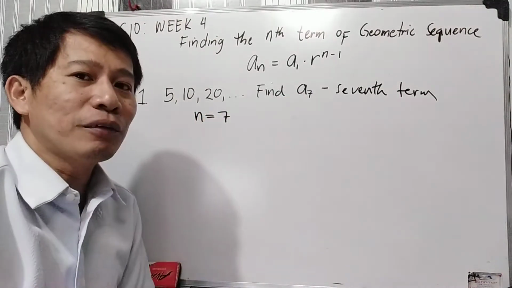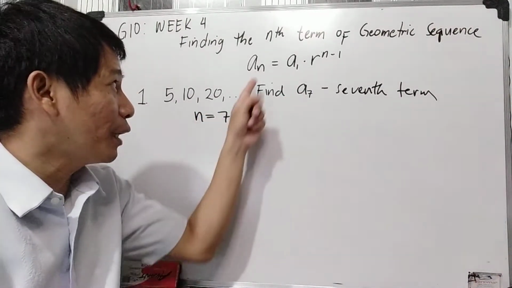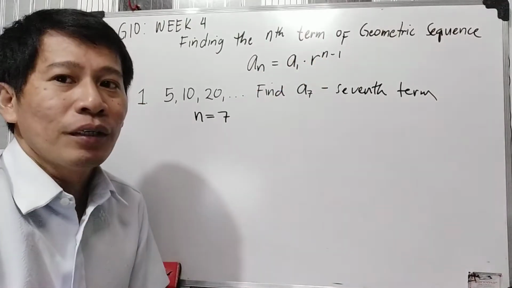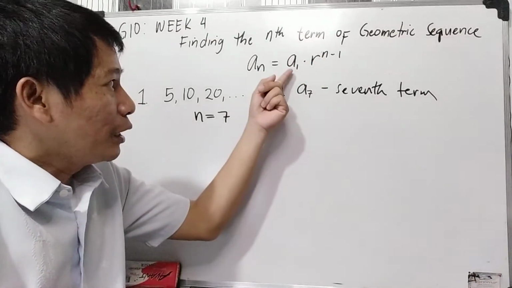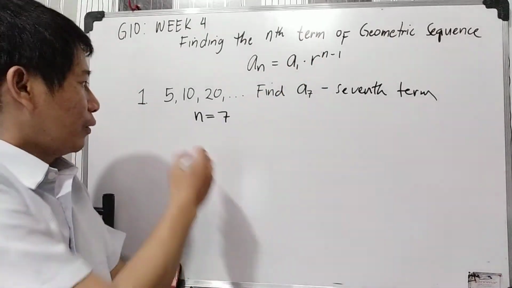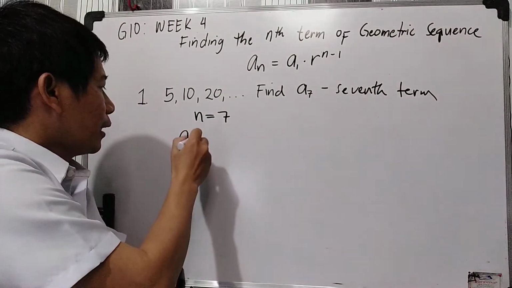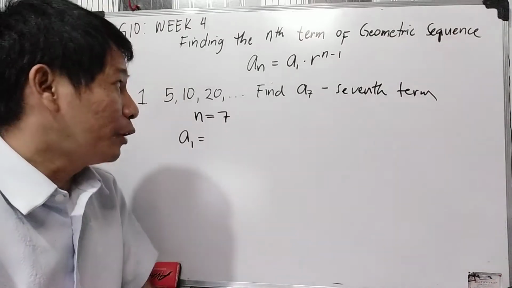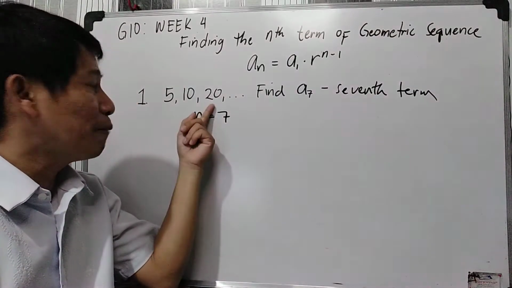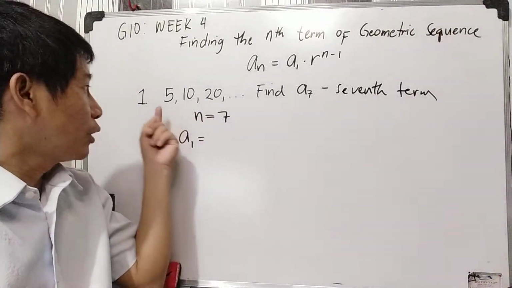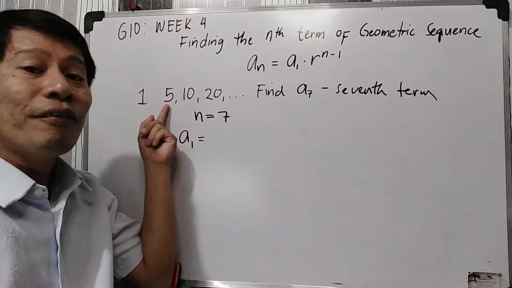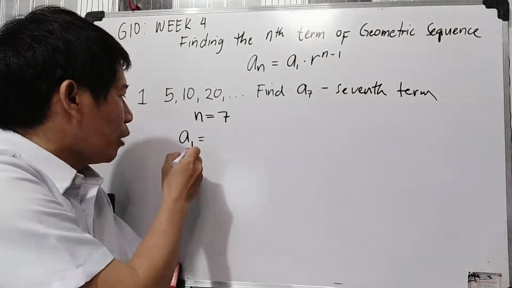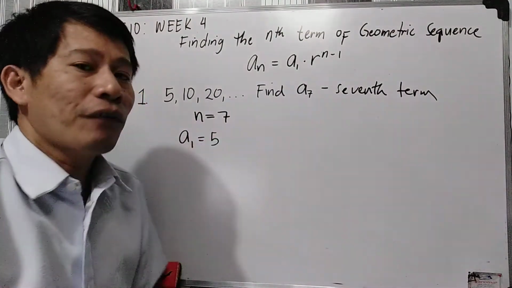So we already have the number of terms, which is 7. What else? We need our a sub 1, that is the first term. What is the first term in this example? Our first term is simply 5. Therefore, our a sub 1 is equal to 5.